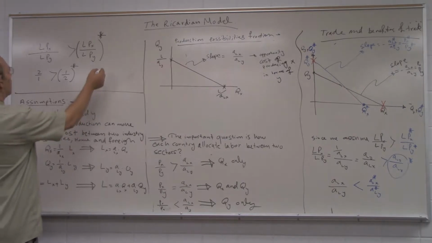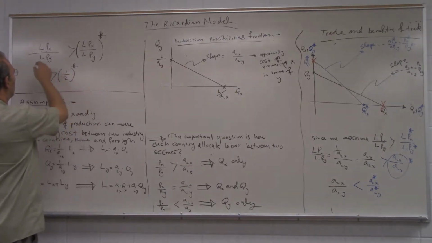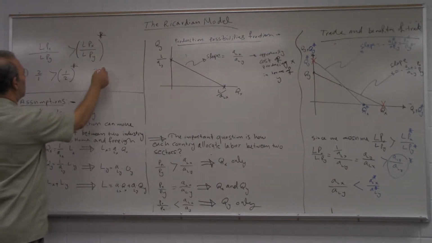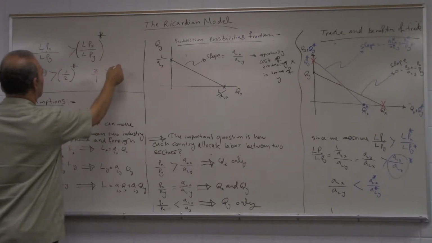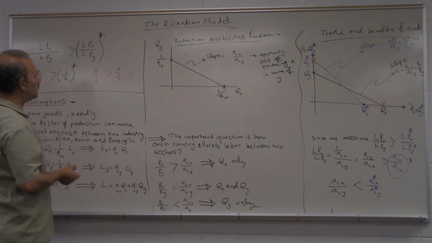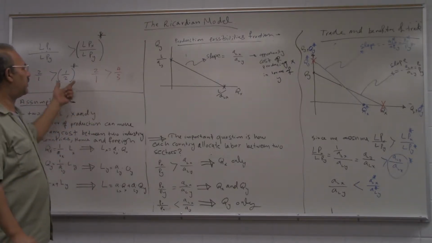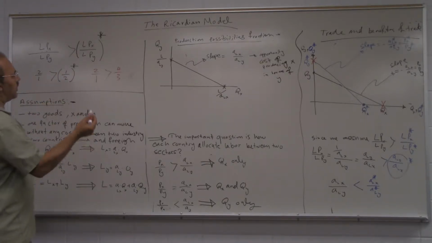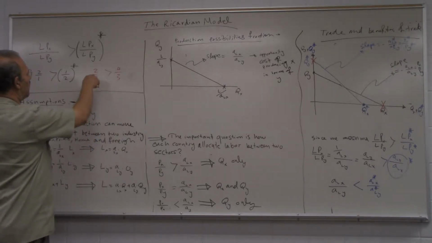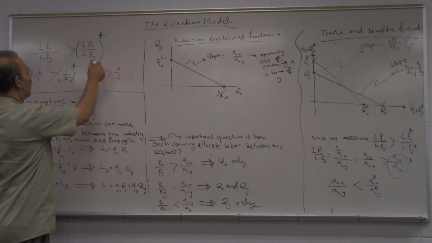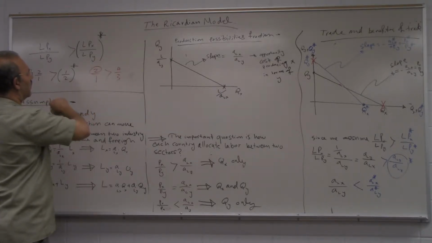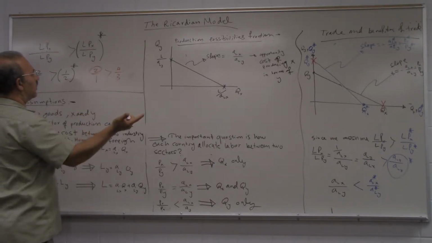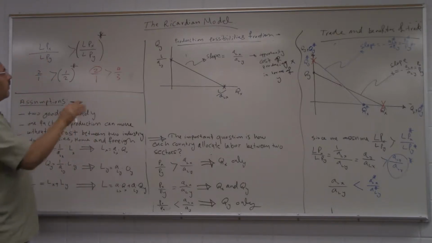Why? Imagine that the ratio in the home country is 2 to 1, but in the foreign country it is 4 to 3 for the labor productivity ratio of good X to good Y. 1 unit of labor in the home country can produce 2 units of good X, and 1 unit of labor in the foreign country can produce 4 units.